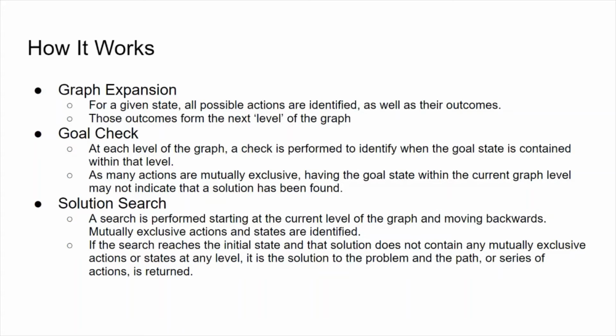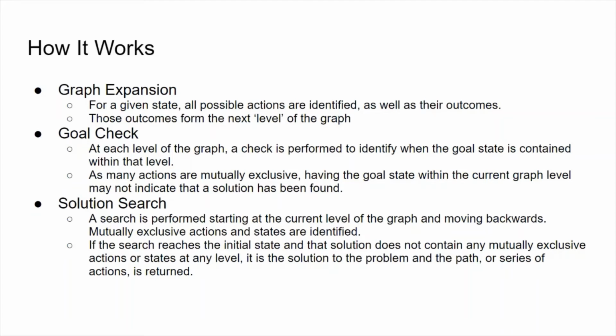And those outcomes then form the next level of the graph. Then, at each level of the graph, you want to check to see if your goal is within those states. If the goal is, you can begin looking for a solution. If the goal is not present in that level of the graph, then you continue to expand the graph until a solution becomes possible.